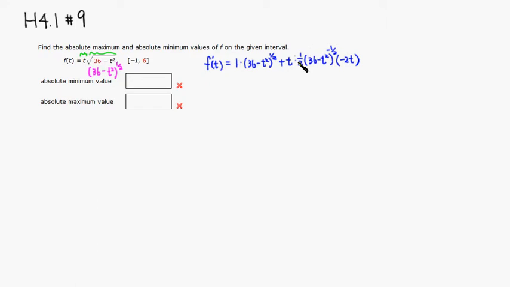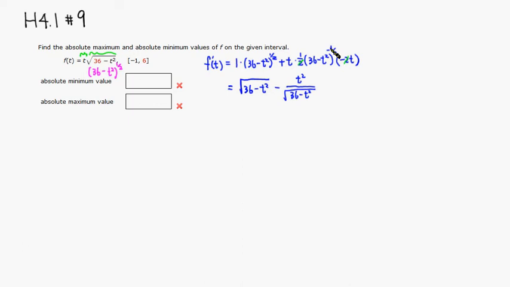There's a 2 on the bottom and a 2 on top, so we can cancel that out. So you're going to have this. I'll go back to the square root of 36 minus t squared. Here we have a negative sign, and t times t, so t squared over, and you have a negative power, so 36 minus t squared goes in the denominator, and then you take the square root because of the 1/2 power.